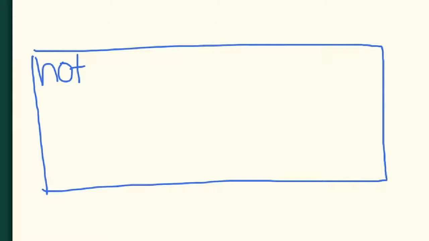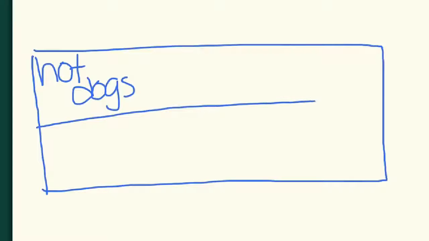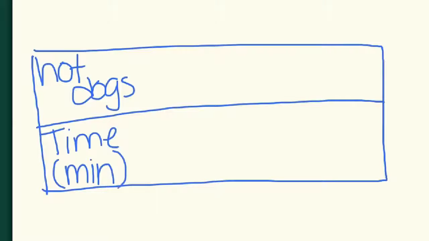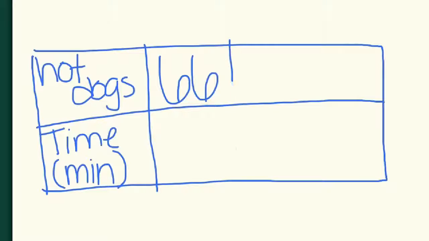So we have hot dogs here. And then we have time, and then specifically in minutes here. Okay, so we know right off the bat he ate 66 hot dogs in 12 minutes.